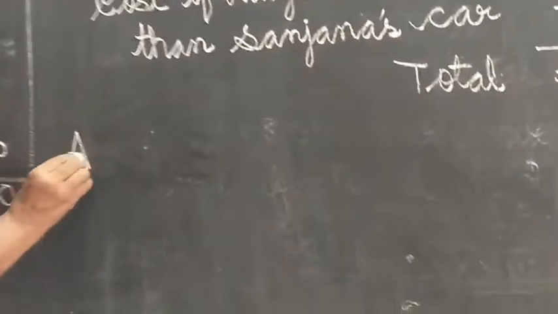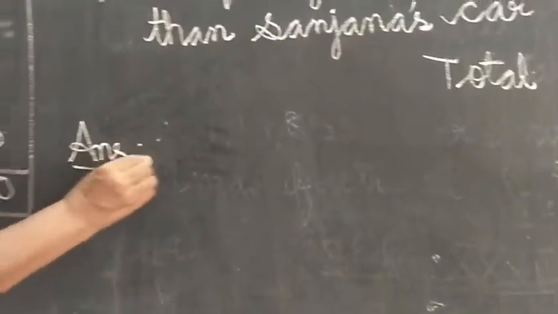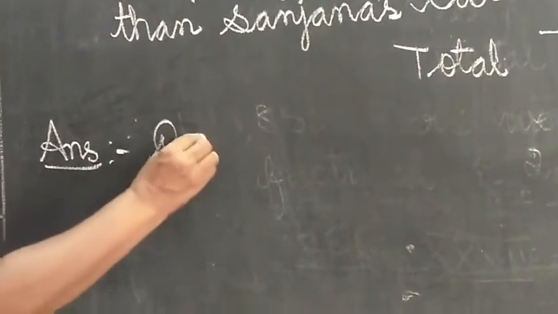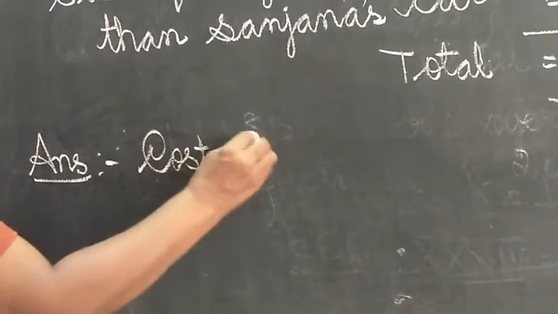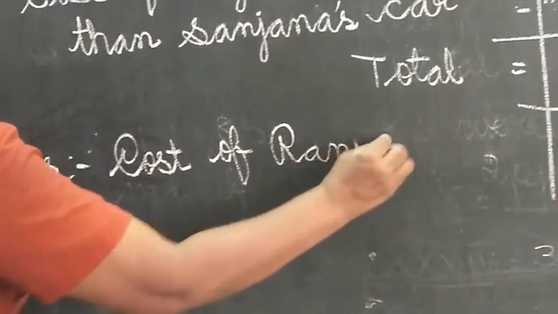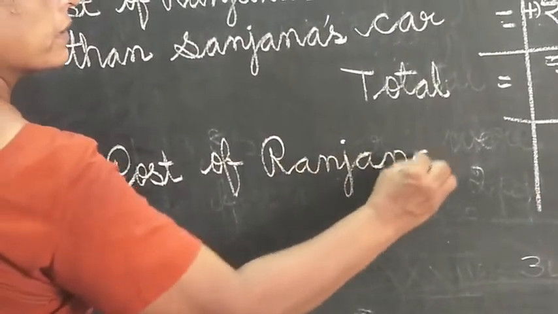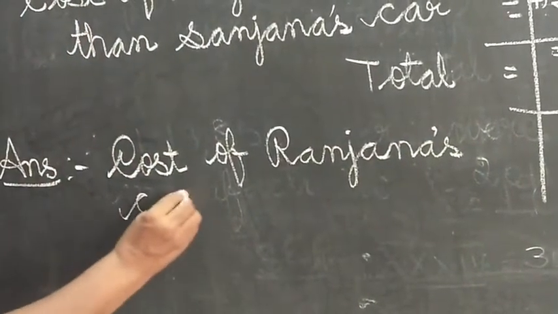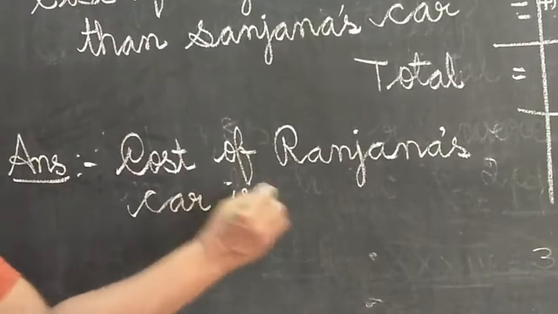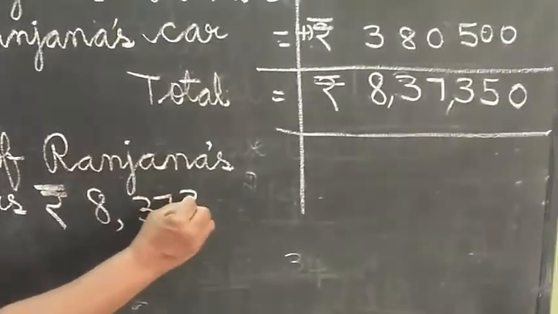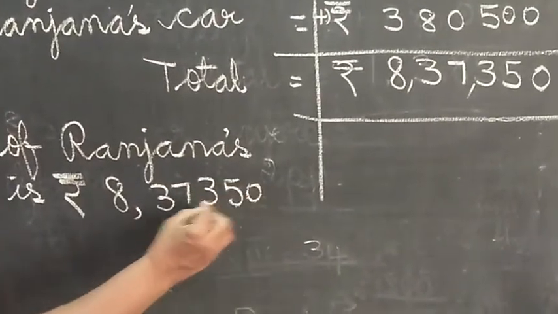So the answer, you have to write like this. If you don't write it, I will cut one mark. Cost of Ranjana's car is rupees 8,37,350.